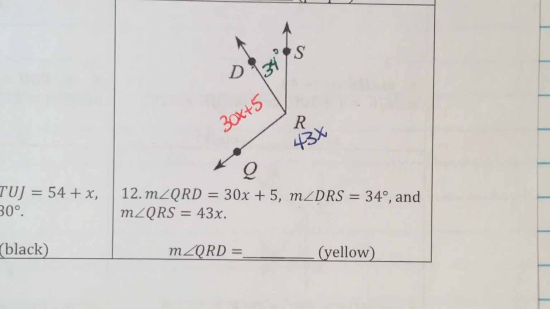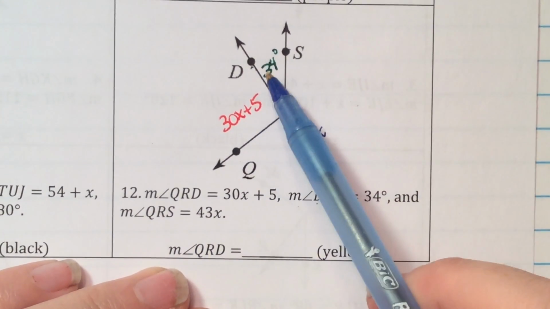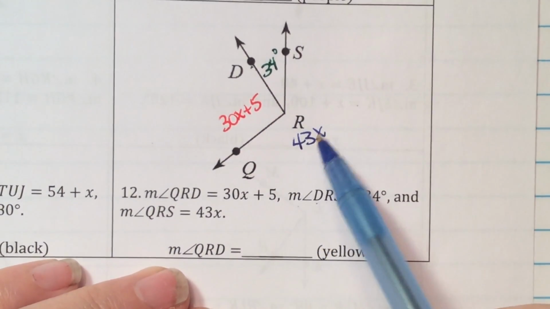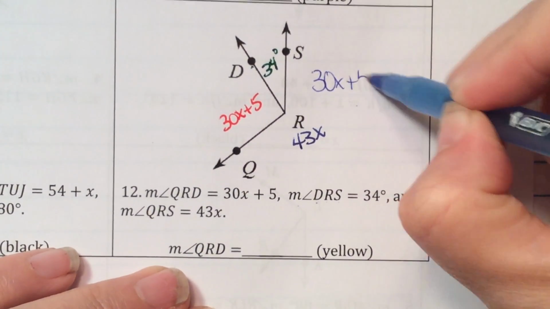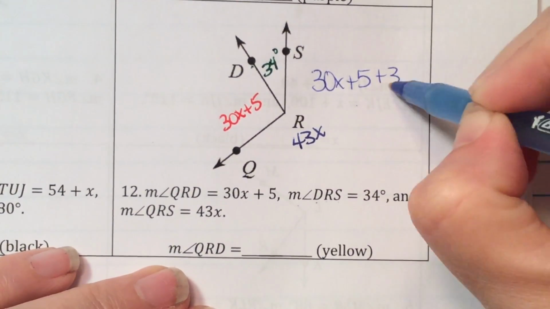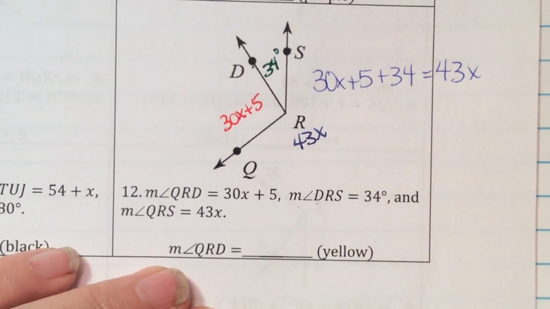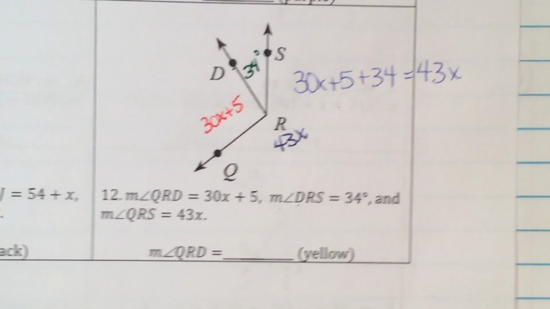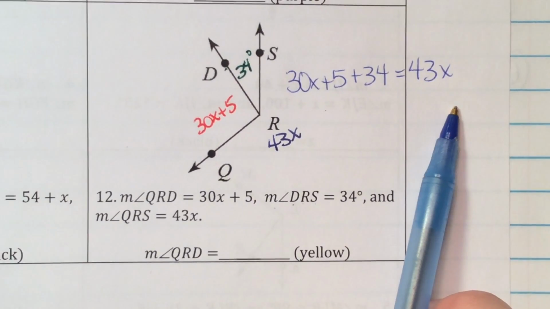So we have to set up the equation. Don't forget, I take the two smaller angles, add them together, and they equal the bigger angle. So 30x plus 5 plus 34 equals 43x. So this is my equation. I'm going to copy it down on my paper and I'm going to solve it. And this is number 12.